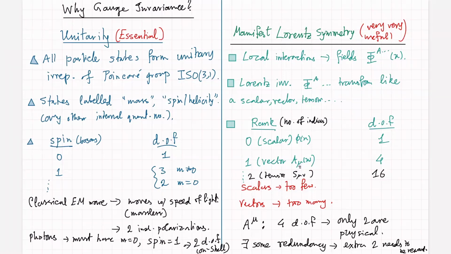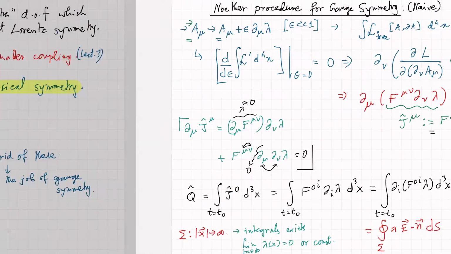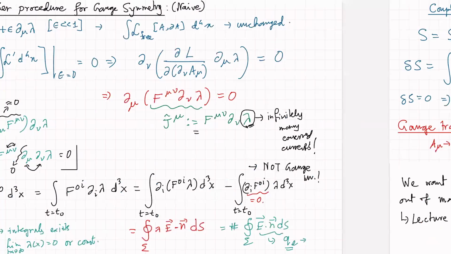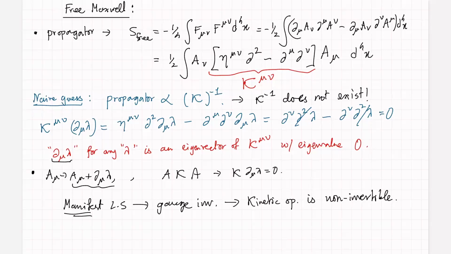But if you have too many, you can say, okay, let's introduce too many, but we will remove the extra things later. And that removal of extra things is the job of the gauge symmetry. That's what we have said here. So once we have imposed gauge symmetry, it automatically implies that my kinetic term has to have a structure such that there is a zero mode for the kinetic term, which renders it non-invertible.